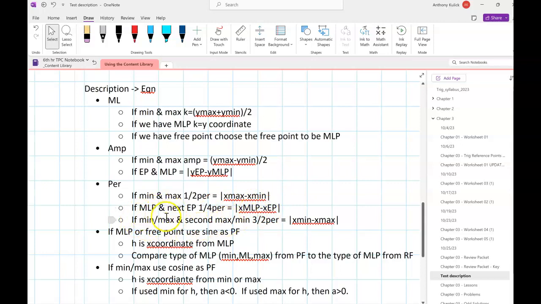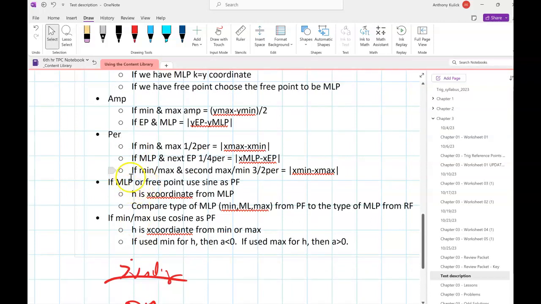And if it's a min or max and then the second max or min after that, it's 3/4 of a period, the distance between the min and max there. I think these are the 3 types of problems we saw on the sheet, where those were the conditions.